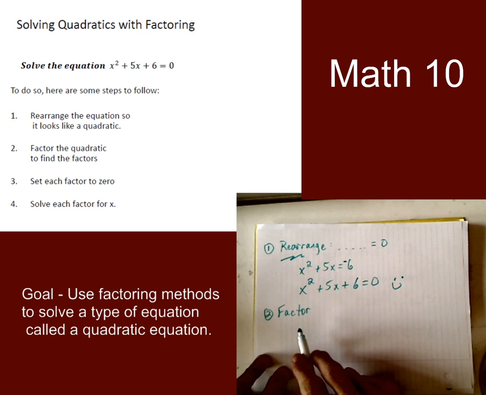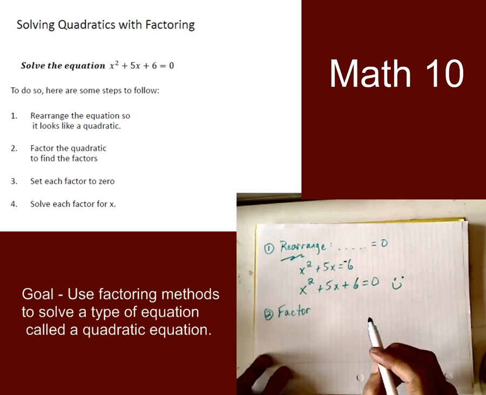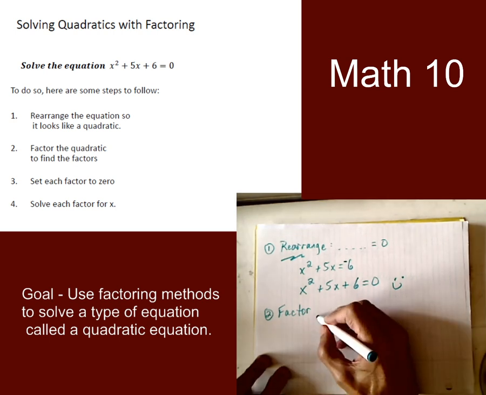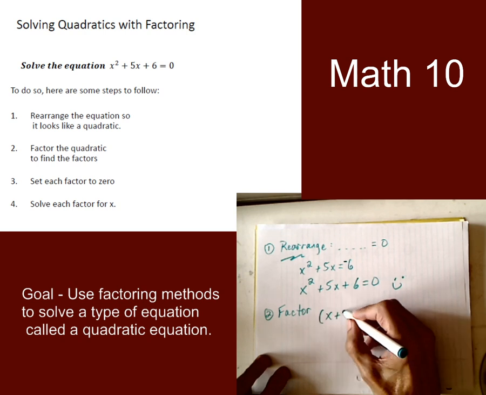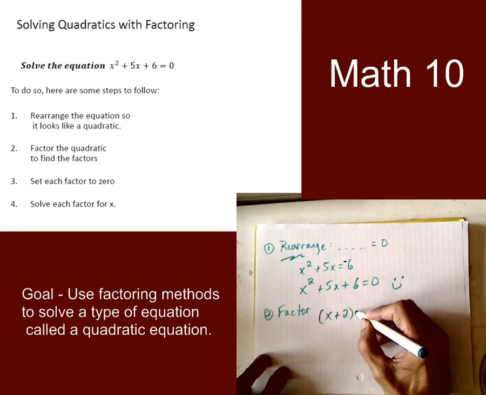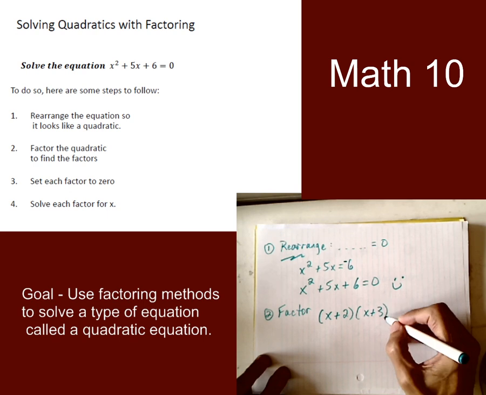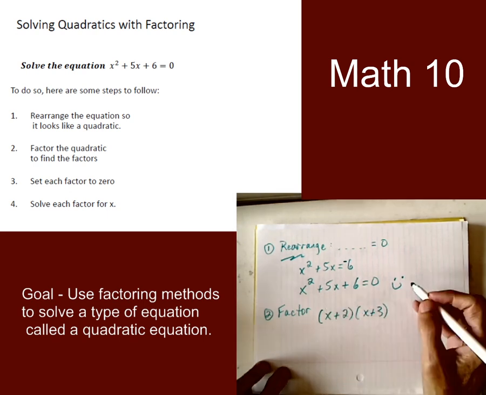And hopefully you beat me by now. Doing this, you'll see you get an answer of x plus 2 and x plus 3. So we factored the quadratic expression that we have there.